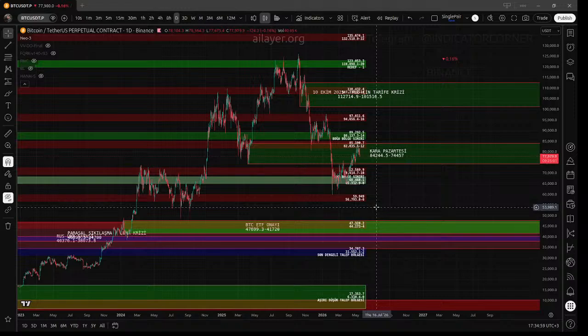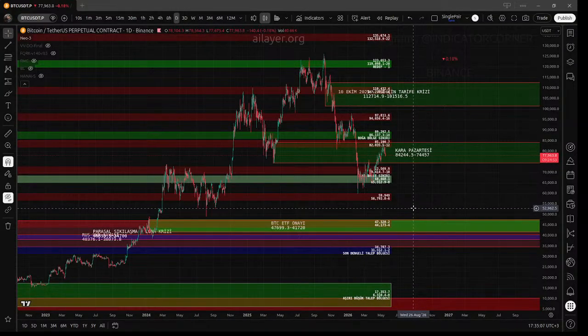How NEO-3 thinks differently. Let's talk briefly about the psychology behind NEO-3. Most indicators are reactive. They calculate moving averages, RSI, MACD, volatility, their weights after price has already moved. NEO-3 attempts something fundamentally different.